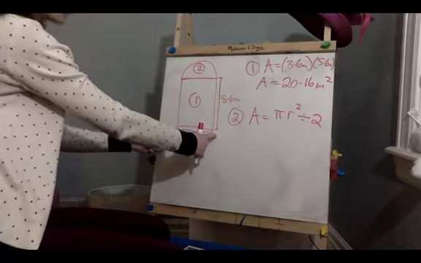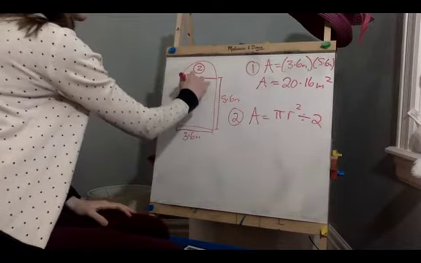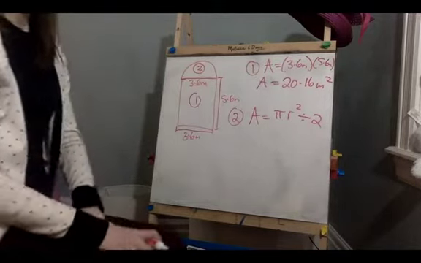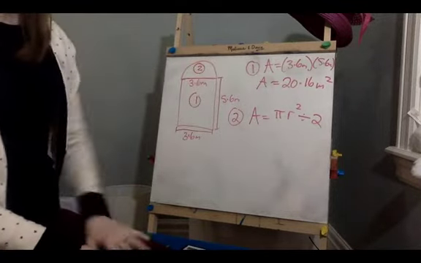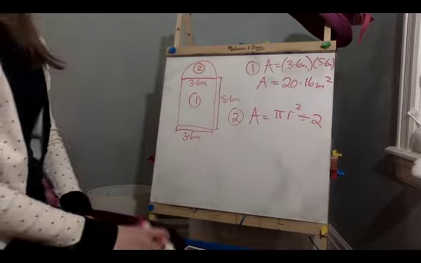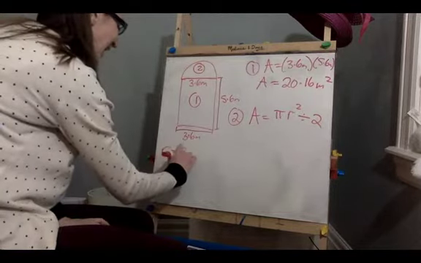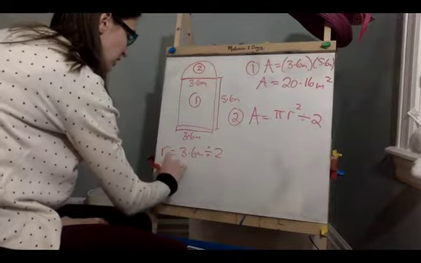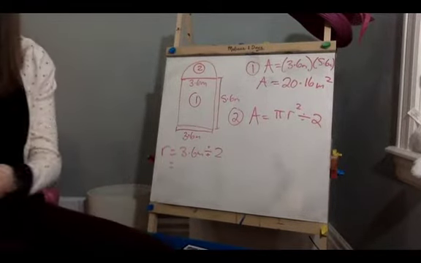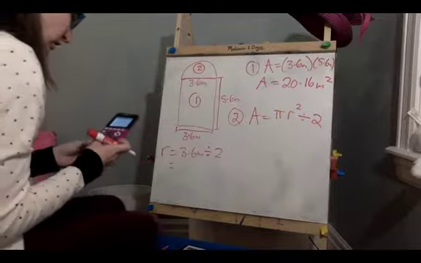If this is 3.6 meters here, then across here is also 3.6 meters. But this is not the radius. This is going entirely across the circle, which would mean that that's the diameter. So the radius is going to be half of 3.6, right? So I can take my 3.6, divide it by 2, and that should give me 1.8.